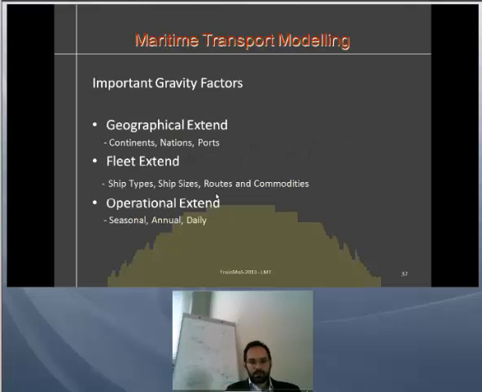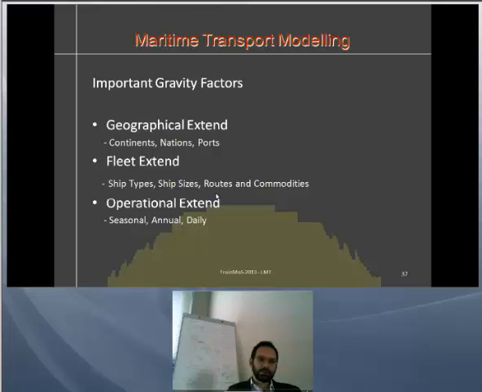In order to address maritime transport modeling, we need to have in mind some gravity factors. First of all is the geographical extent, which means the continents, the nations, and the ports involved in the maritime transport. We need to have in mind which of them are producing, which are supplying, and which are consuming, who are developing and who are in development.